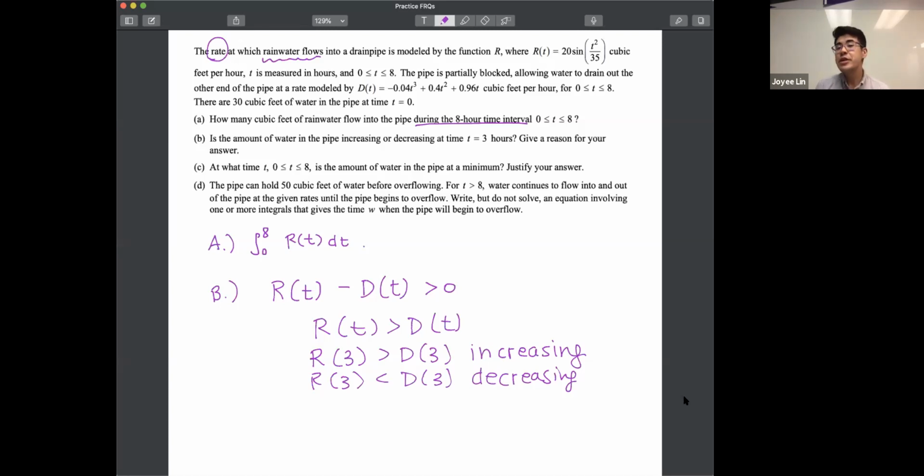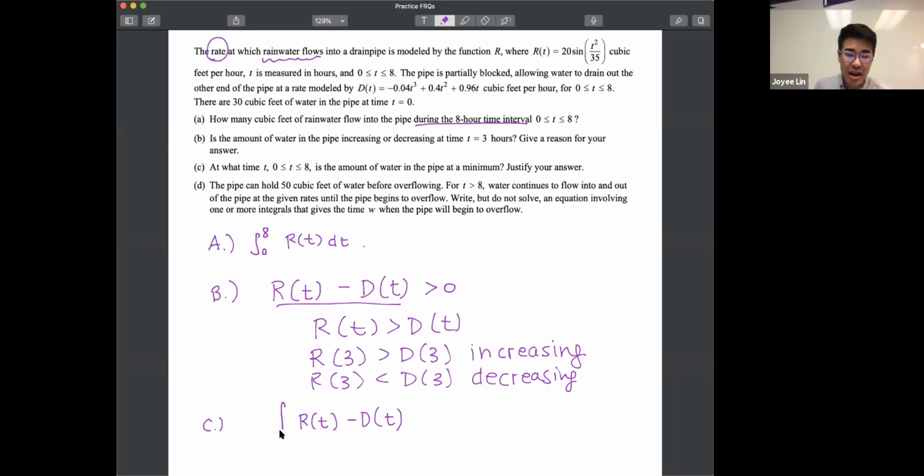So I think this question is kind of tricky because there's two rates going on. So the actual rate function should be this R of T minus D of T, right? That's the net rate of change for part C. This would be the total rate of what's going on in our tank. And then what happens? If we want to find the total value, we need to integrate that function.